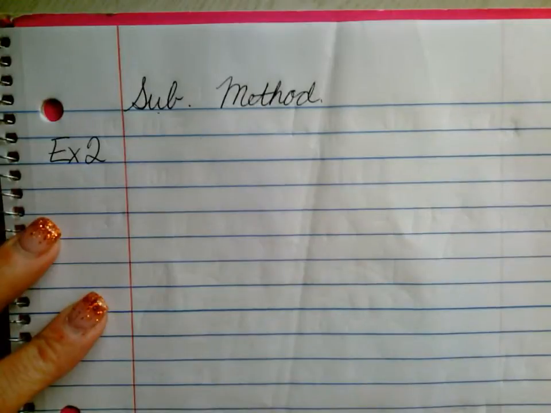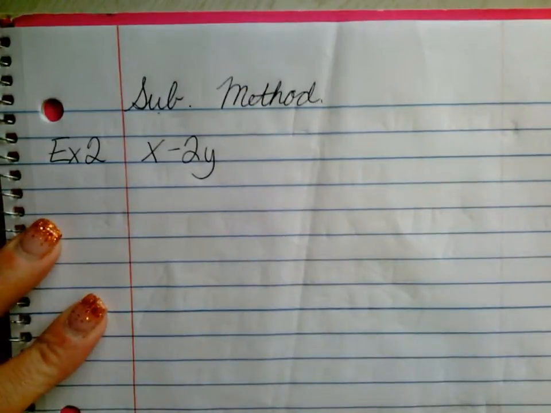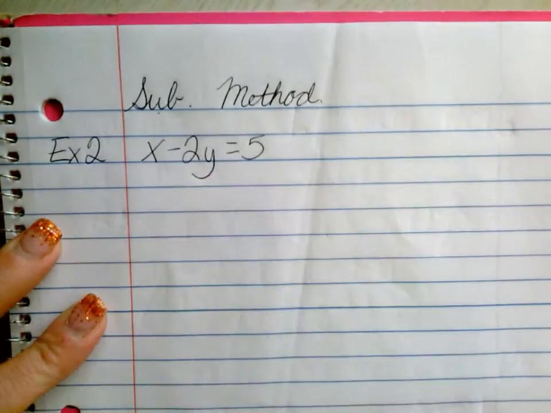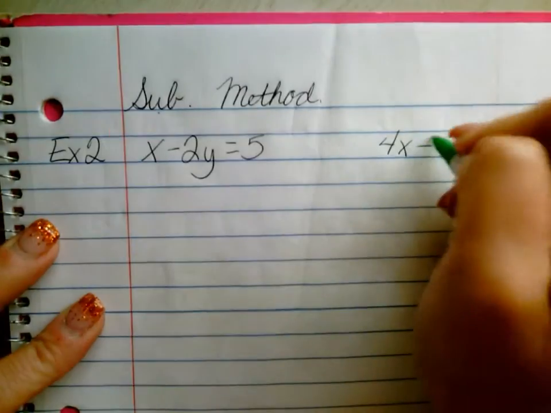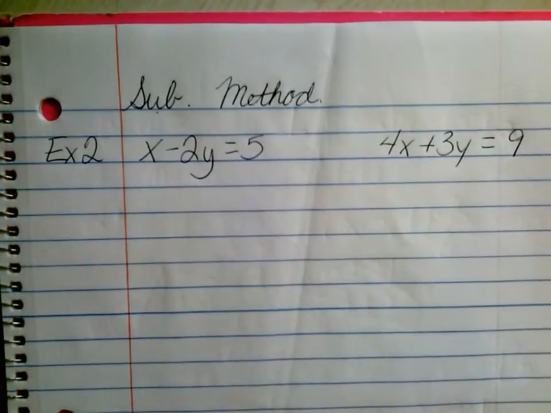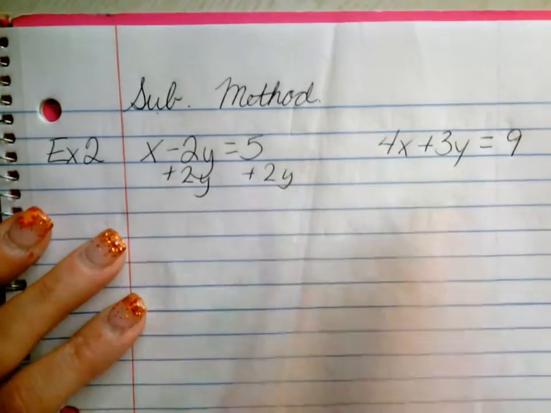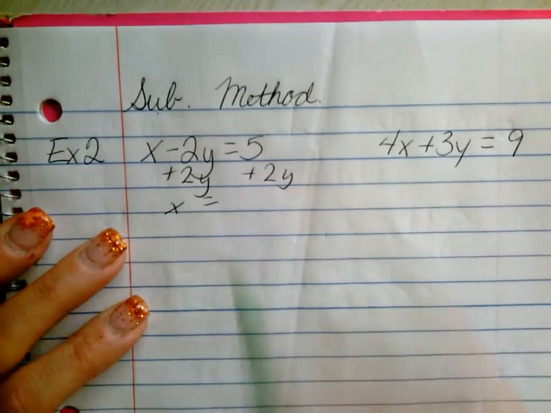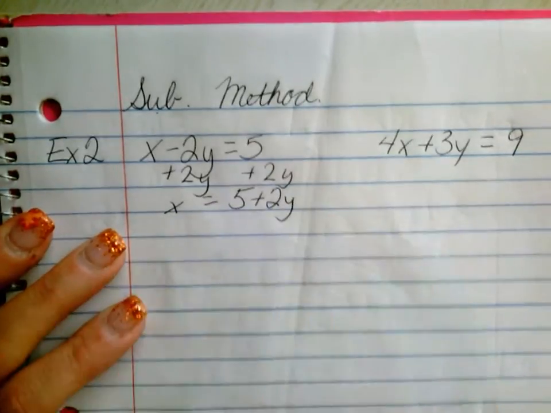Here we go. We've got x minus 2y equals 5. And we have 4 times x plus 3y equals 9. Now, if I maneuver this equation by adding 2y, I have x is equal to 5 plus 2y.